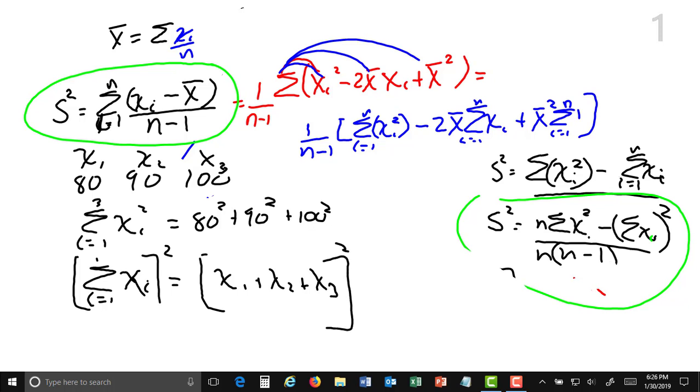In this case, we're going to have 80 plus 90 plus 100. Correct? So we got 270, right? So this is going to end up being 270 quantity squared. All right?